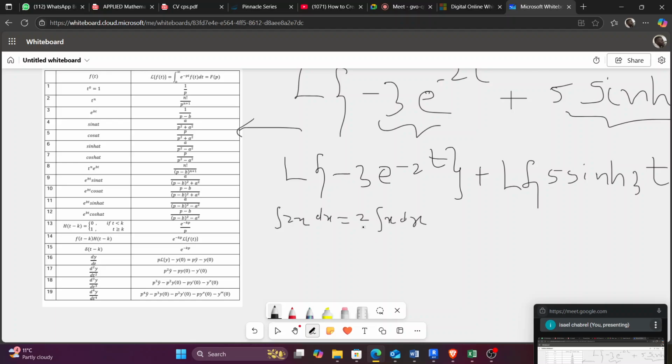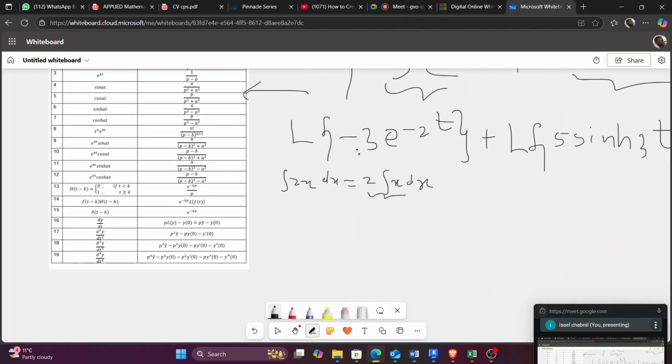So this rule is the same also in the Laplace. You can take this constant out. So you can have minus 3 out of the Laplace, so that you have simply Laplace of exponential minus 2t, like this, plus, mind my handwriting, we won't be having this challenge by next week.